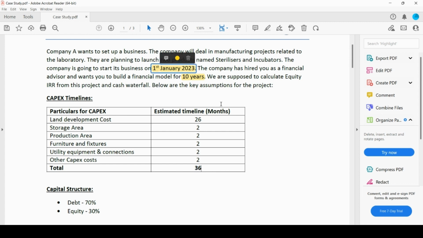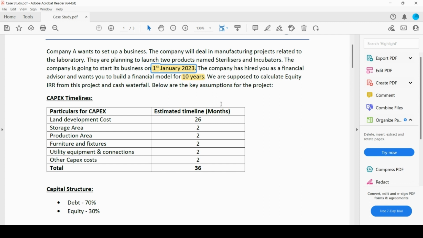So if my commencement date is 1st January 2023, and if I take 36 months for my construction, then this means that my operations will start from 1st January 2026. Correct, guys? 36 months means 3 years, right?